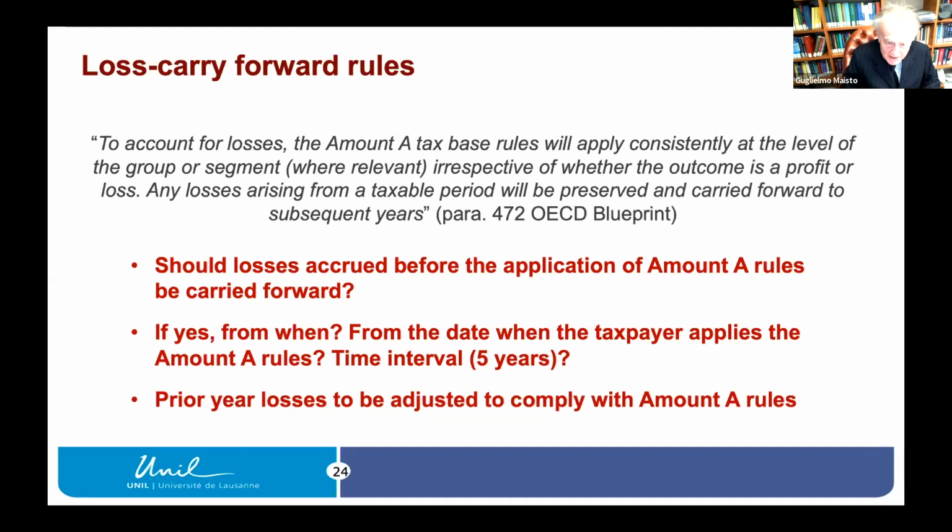If we look at the losses accrued before the application of AmountA, that has to do with what is regarded as a principle of equality and ability to pay, because it has to do with situations where groups have invested in prior years and they realize profit only when they enter into the AmountA mechanism.